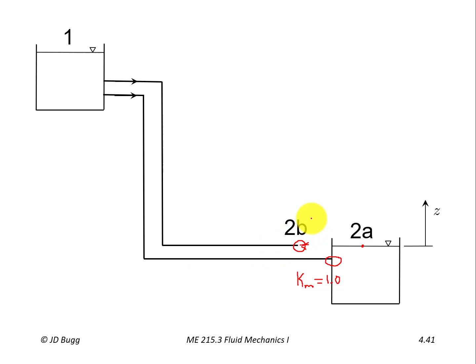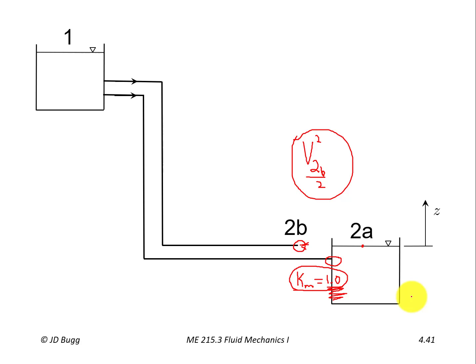So if we look at our system curve for path 2B, we'll have a kinetic energy term here, V2B squared over 2. Okay, and that will not appear for path A. But for path A, we have an extra minor loss coefficient, and by no coincidence, the minor loss coefficient is 1. So that contributes to the system curve for this one in exactly the same way as this kinetic energy term.